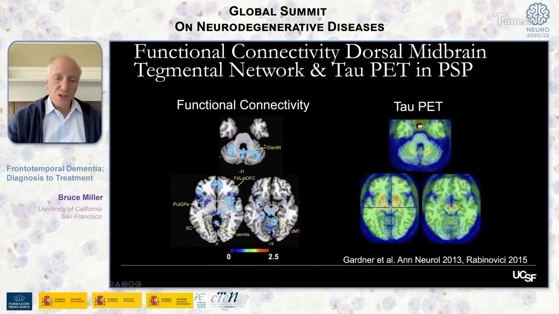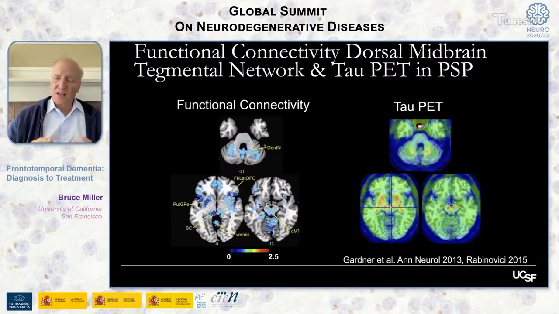This is a functional connectivity map created by Raquel Gardner and Bill Seeley's lab. It suggests that with PSP, we have a functioning network that involves cerebellum, thalamus, basal ganglia, midbrain, projecting to prefrontal cortex that is dysfunctional because, as we see here in this PET study, caused by the misfolding of tau in these same brain regions.